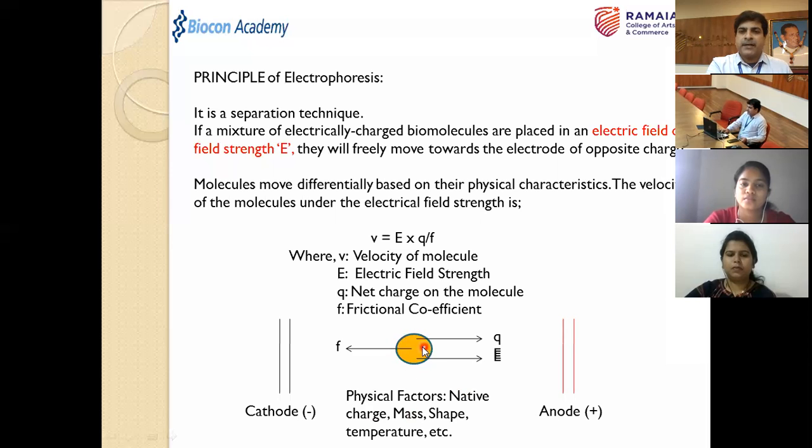The native charge of a protein is going to have an impact, whether it is minus, if there are more acidic amino acids, or plus, if there are more basic amino acids. Along with mass, shape, temperature, and some other minor factors, it can influence the movement of this molecule, because the separation relies mainly on the velocity of these molecules under the electric field.